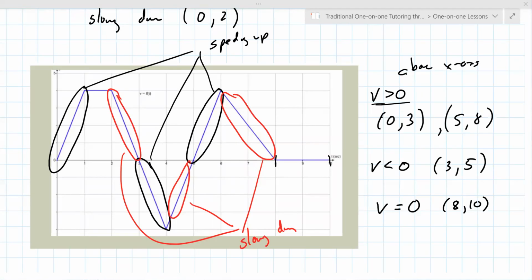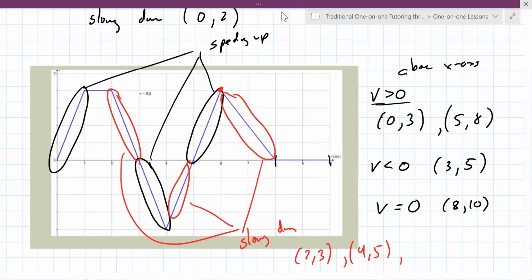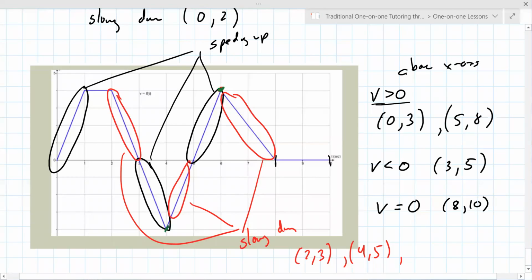Well, if it was asking where is it at its greatest speed, it would be 1 to 2, 4, and 6. Say that one more time. For greatest speed, it's both places. Let me do a different color. This is greatest speed. Okay.